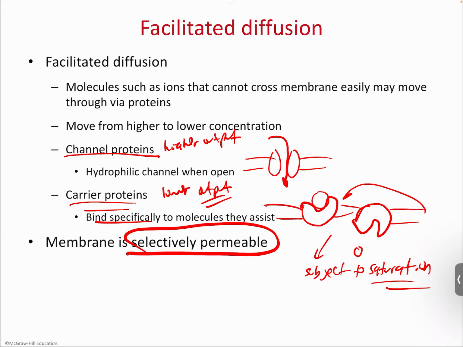That's one of the reasons why we tend not to talk about carriers a lot in facilitated diffusion, because oftentimes in facilitated diffusion, what we want is high output. We want to get a lot of movement going on. And a channel is what we usually refer to there. That's kind of like building a bridge.